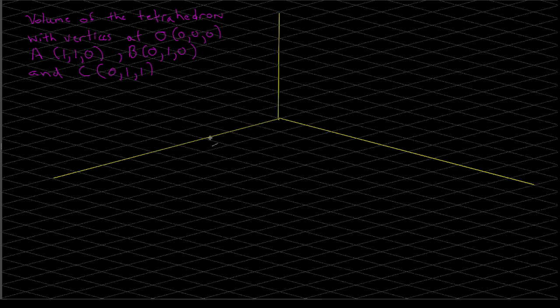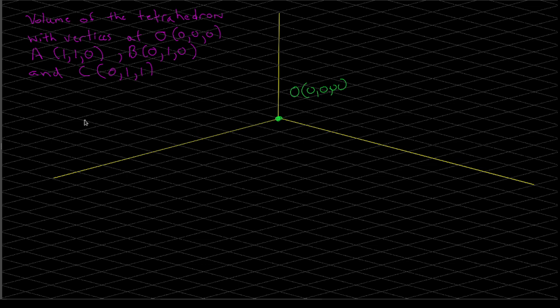So I'll make these halves. So let's get our points together. So this will be the point at the origin, O, the vertex at the origin, 0, 0, 0.